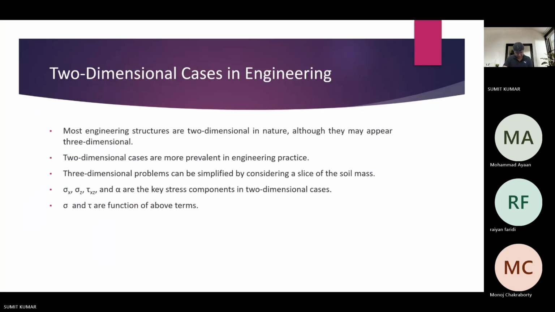But additionally, you would understand how these terms could help in the development of the Mohr circle, which is quite useful as an elaborate way to describe the stress condition at a specific point in the soil mass.